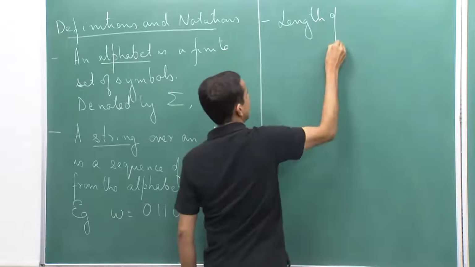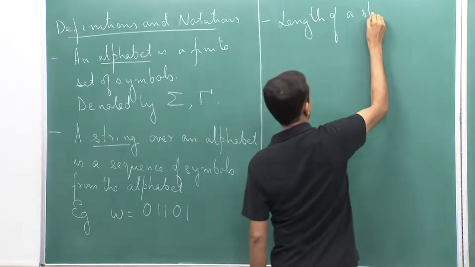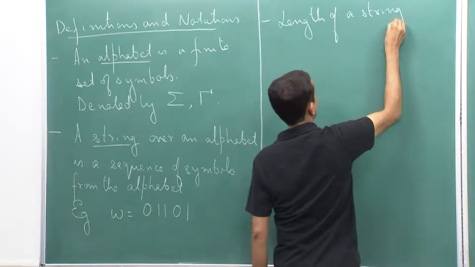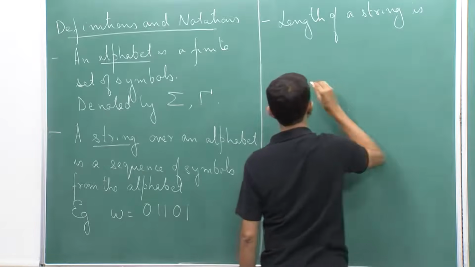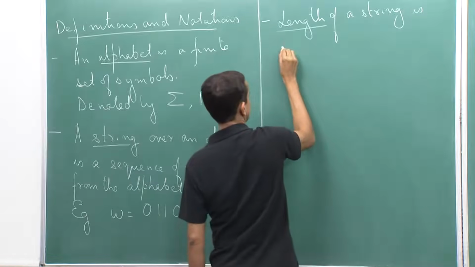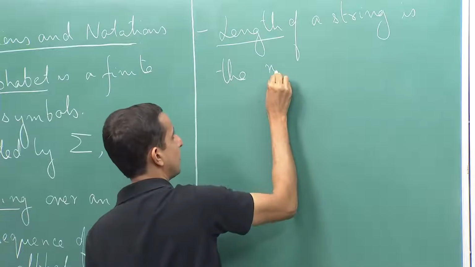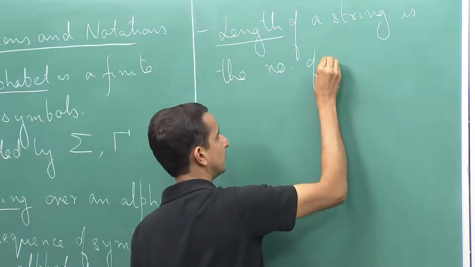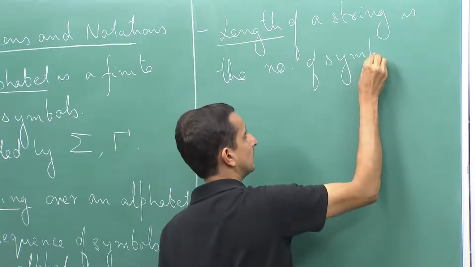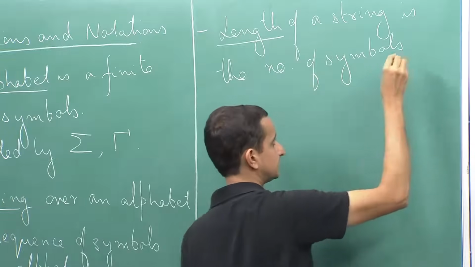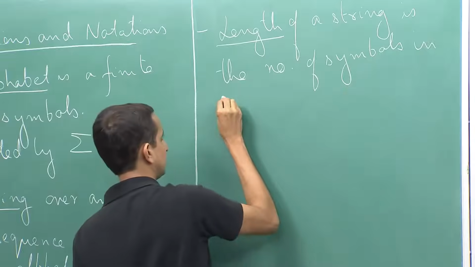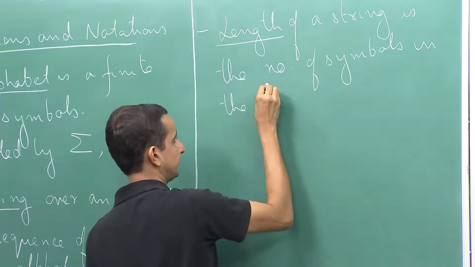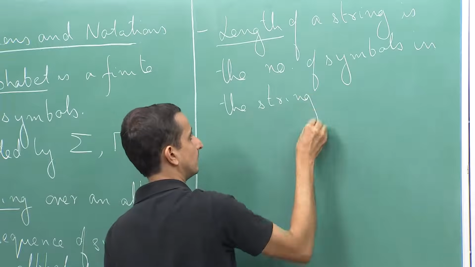Length of a string is the number of symbols in the string. Okay.